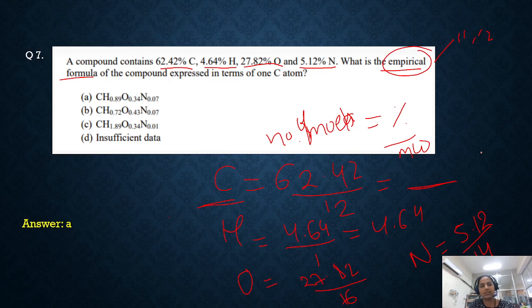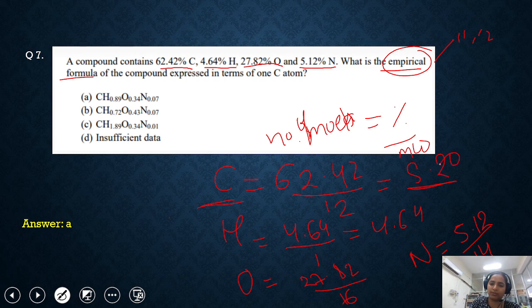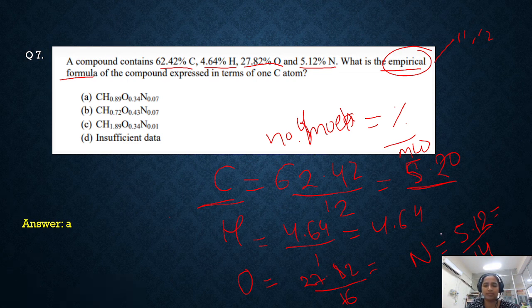Someone please answer. For carbon, 5.2016. Okay, 5.20. For oxygen and nitrogen, this is a very simple calculation.